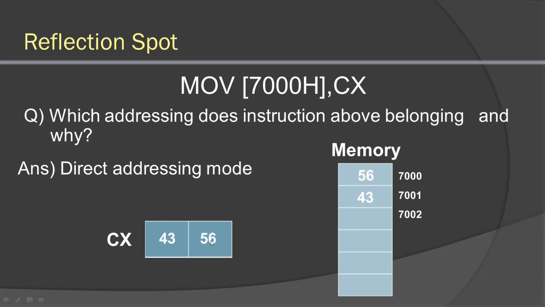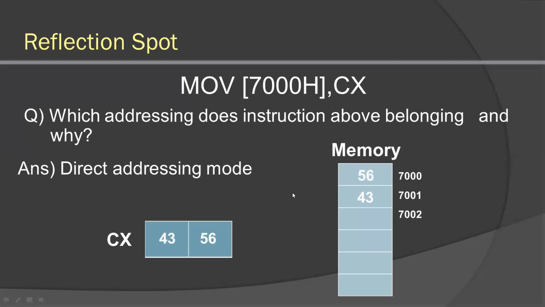In the similar way it is transferred from register also. 56 is the lower byte value which will be transferred to this specified location 7000H, and 43 is the higher byte value which will be transferred to, by default, +1 location. +1 location means in this example 7001H. Clear?